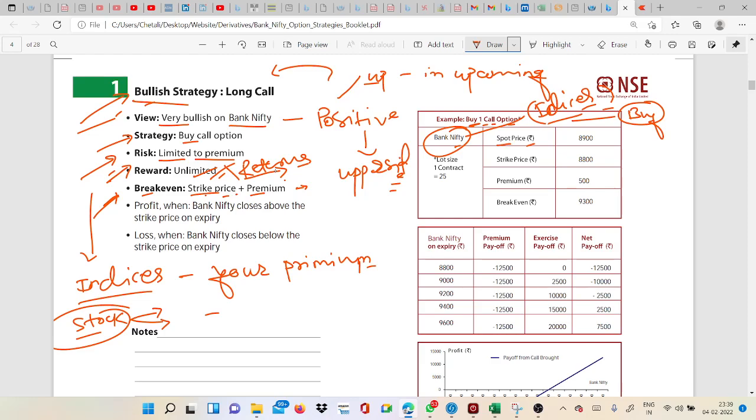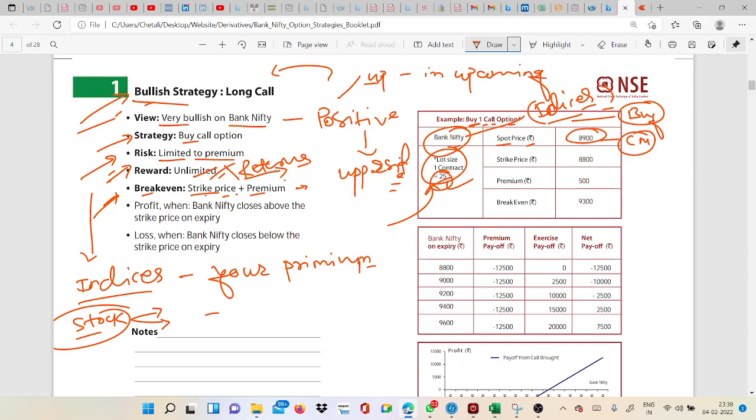Spot price: the Bank Nifty's current market price, which is 8,900. So for lot, let's say one lot, because in derivative contracts we cannot purchase one share or one quantity, but we have to purchase in a lot, and under one lot there would be 20 quantities.